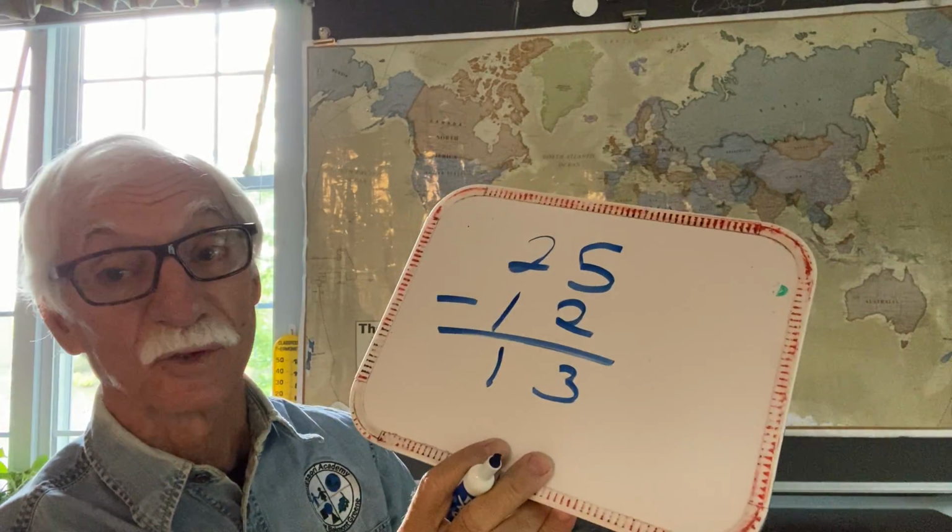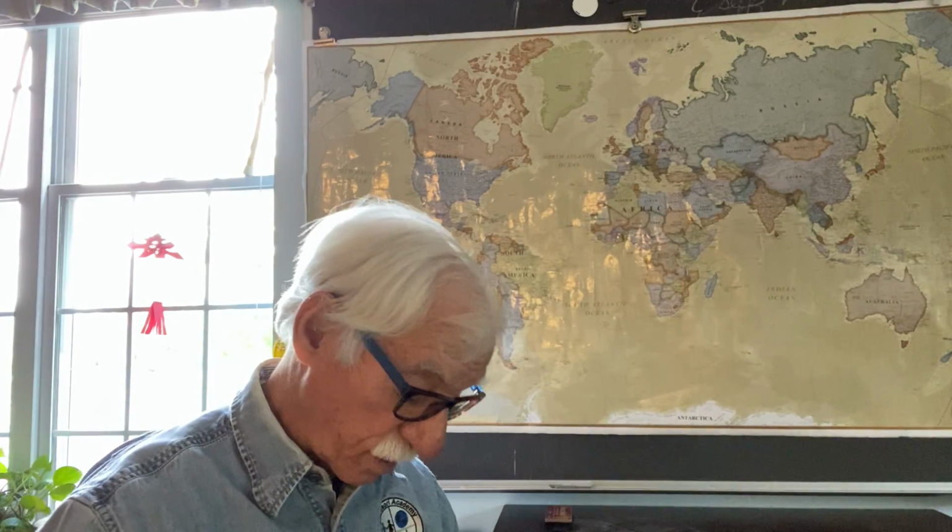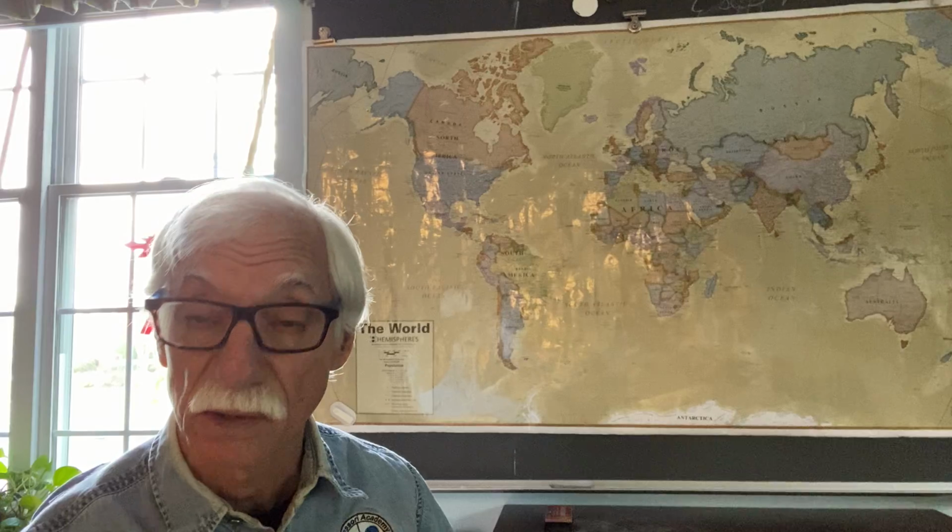The difference between 25 and 12 is 13. Well, since decimal fractions are numbers, we must be able to do functions with them, addition, subtraction, whatever. So let's start with addition of decimal fractions.